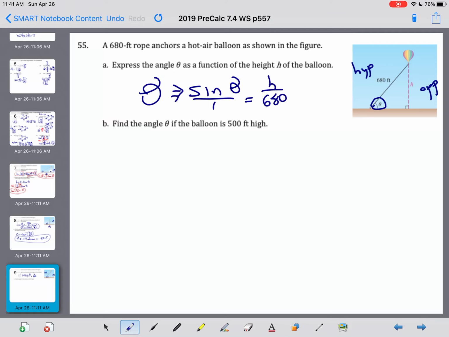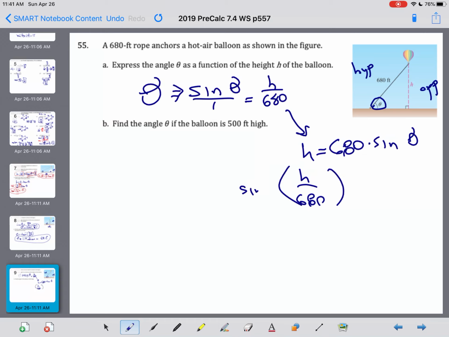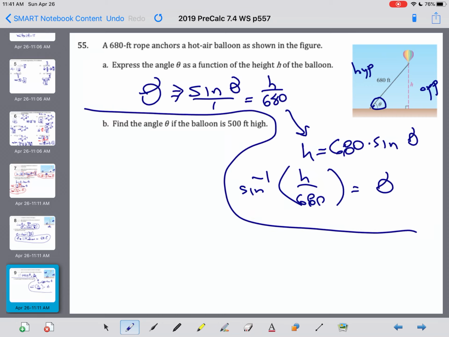And so that's going to lead me to say h equals 680 times the sine of my angle. And now I've got to divide by 680 and sine inverse both sides, and that's going to equal my theta. So all of this for that.